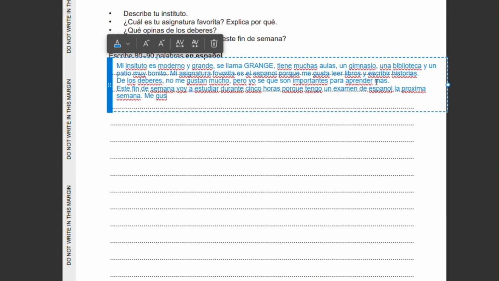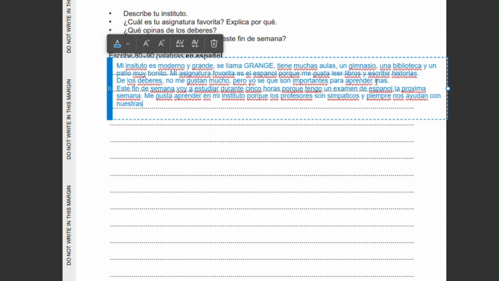Me gusta aprender en mi instituto, porque los profesores son simpáticos y siempre nos ayudan con nuestras dudas, con todas nuestras dudas. Perfecto.